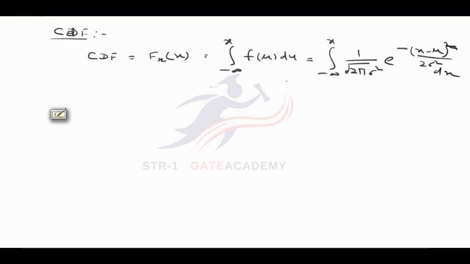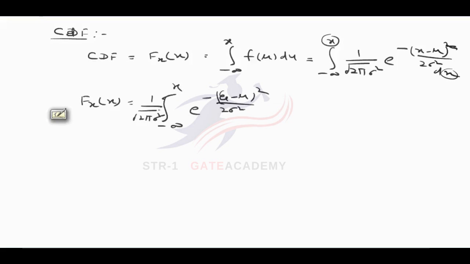I took a new variable because x and this limit are the same. F(x) is the integral from minus infinity to x, the constant comes out, e power minus zeta minus mu whole square by 2 sigma square d zeta. Zeta minus mu upon sigma is z, so d zeta upon sigma equals dz.